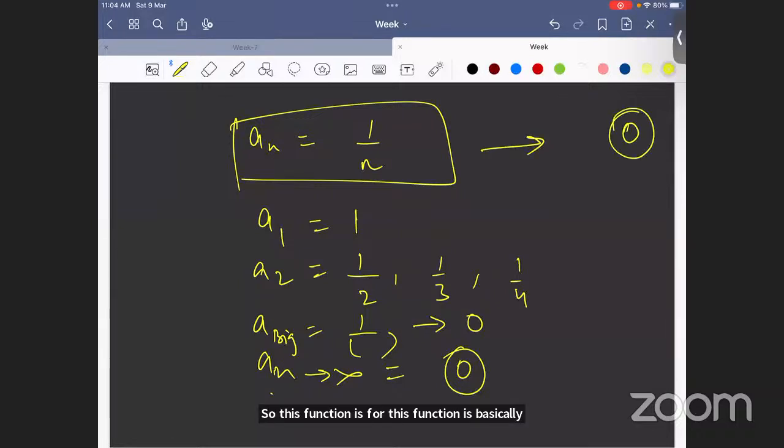You started with 1, but as you increased n towards infinity, it starts tending to 0. It will not get the exact value 0, but it will tend to 0. So there's a difference there. Those types of sequences we generally call a convergent function.